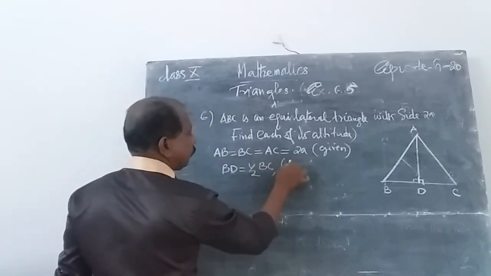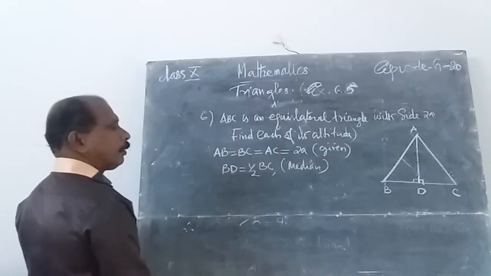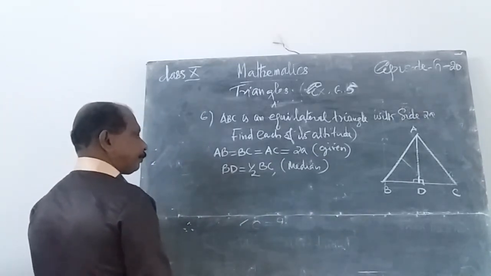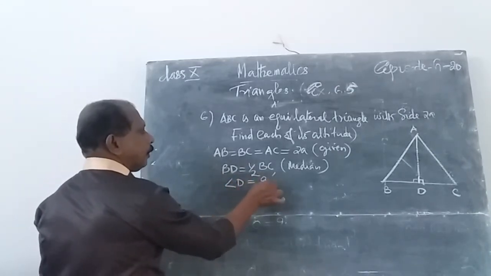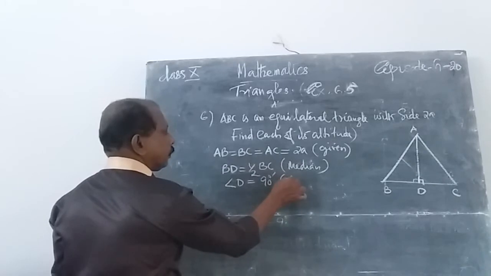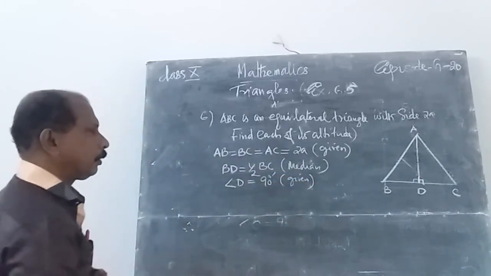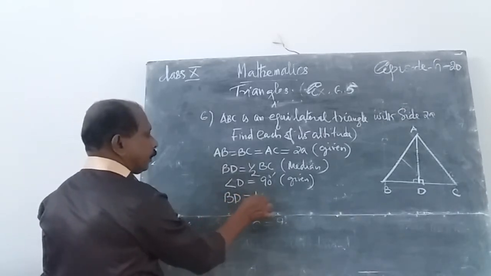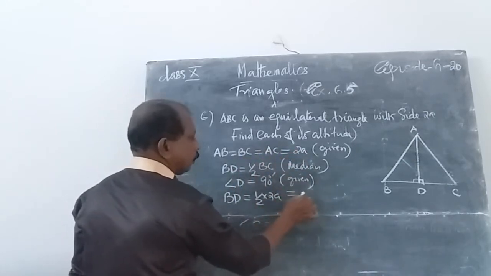That is median. It is also median and altitude. Angle B is equal to what? 90 degree. That is also given. What is BD? It is equal to half into 2A, where BC is equal to 2A.